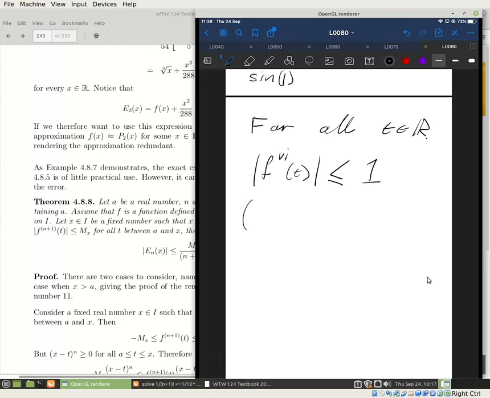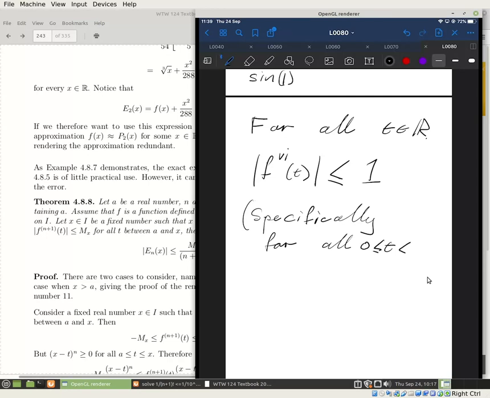So let's add here for good measure, specifically with an f, specifically also for all t.